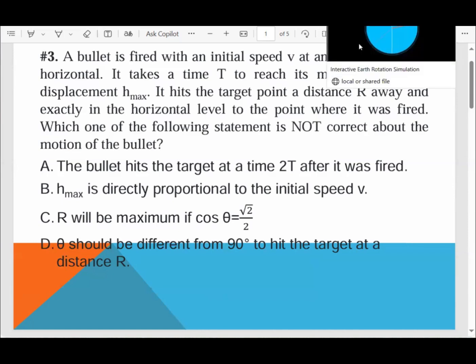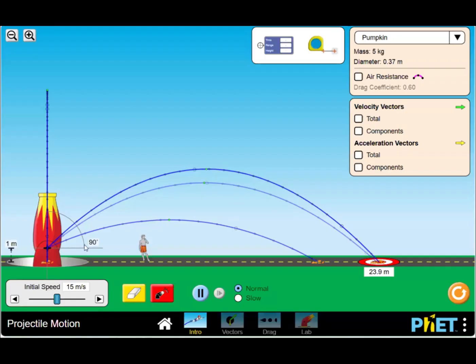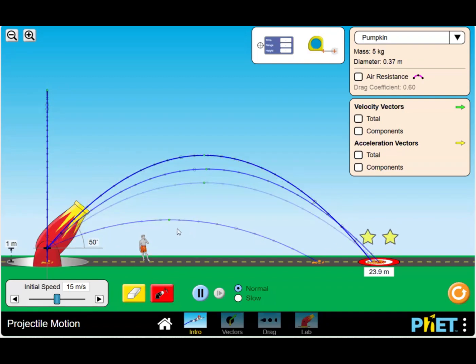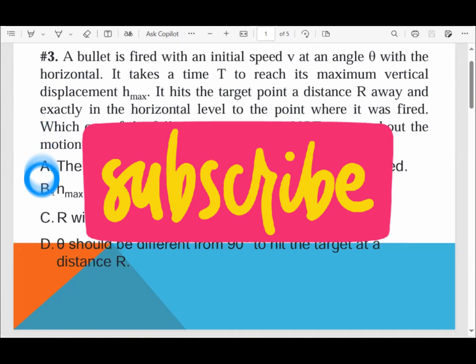That means in order to hit the target, theta should be different from 90 degrees, because if theta is 90 degrees, there is no horizontal distance covered by the projectile. If theta is different from 90 degrees, there is a horizontal distance covered by the projectile. Therefore, this is also correct. So the answer for this question is B.